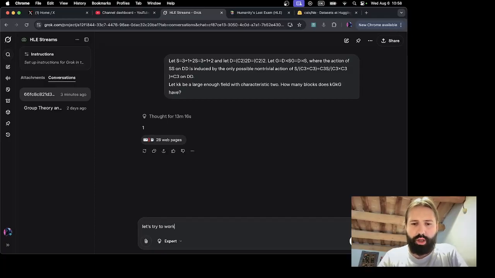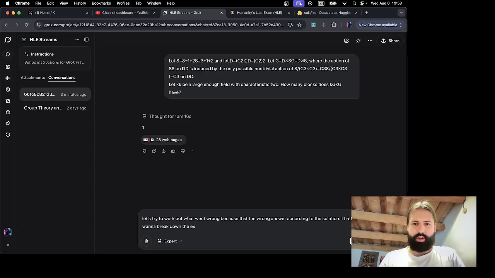Let's try to work out what went wrong, because that's the wrong answer to the solution. I first want to break down the exercise, or basically the question.